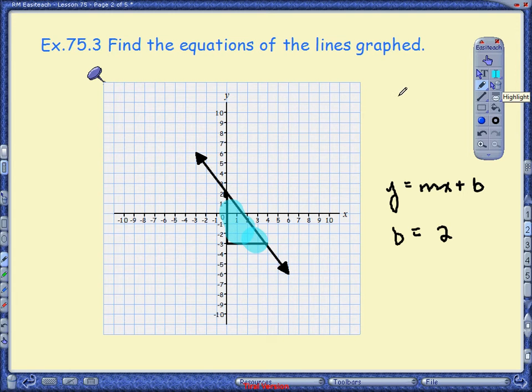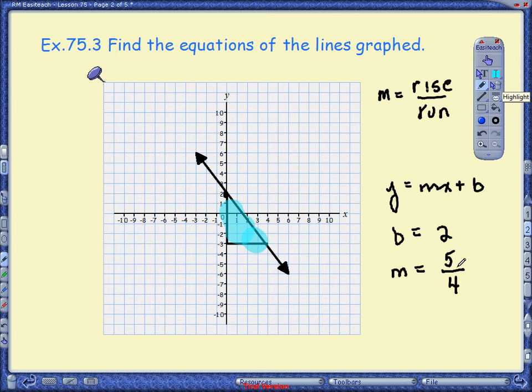The up and down we call the rise, and slope m is defined as rise over run. So our rise in this, the top number, is 5. We also count here, this is called the run. 1, 2, 3, 4.